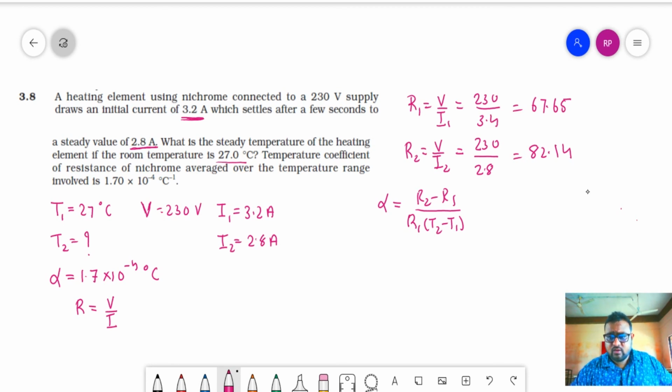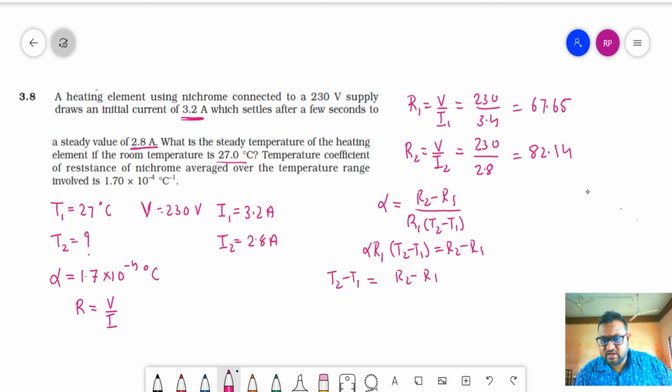So now let's calculate it. So alpha R1 into T2 minus T1 equal to R2 minus R1. So what is T2 minus T1?